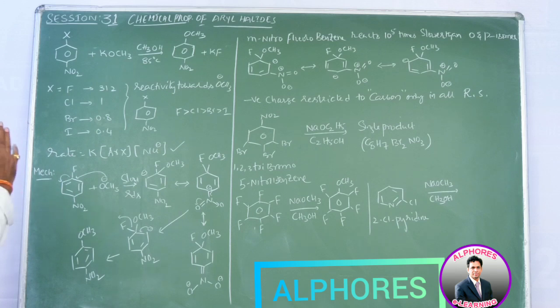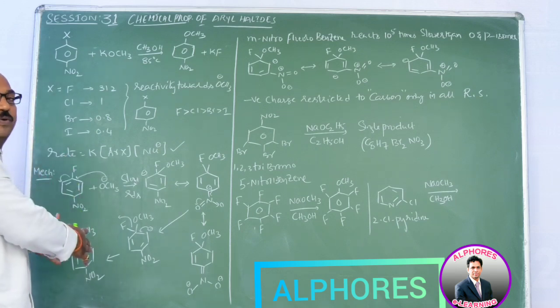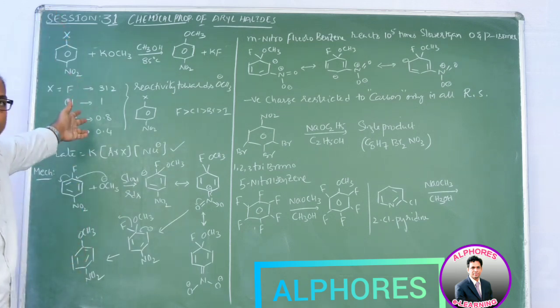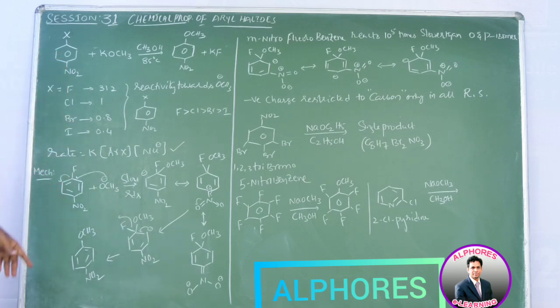Based on these experimental facts, the proposed mechanism is like this: fluorobenzene, upon which a nucleophile comes and attacks. Where does it attack?